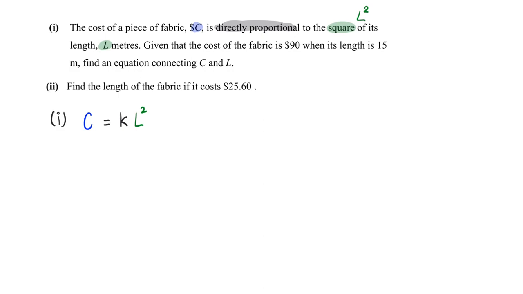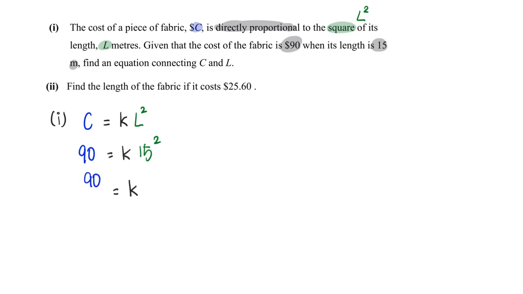And this is the part where they will allow us to find the value of K. Because now I know this C is $90 and the L is 15 square. Okay, so from here I would then be able to get my value of K easily.